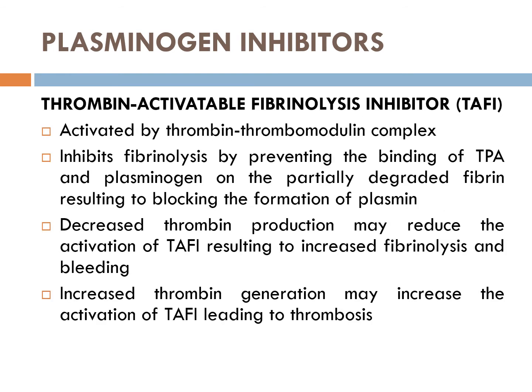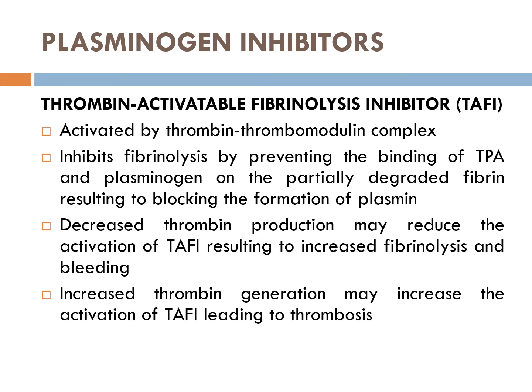Another inhibitor is what we call the thrombin activatable fibrinolysis inhibitor, or the TAFI. This is activated by the thrombin-thrombomodulin complex, and its function is to primarily inhibit fibrinolysis by preventing binding of the tissue plasminogen activator and plasminogen on the partially degraded fibrin, which would result in the formation of plasmin.